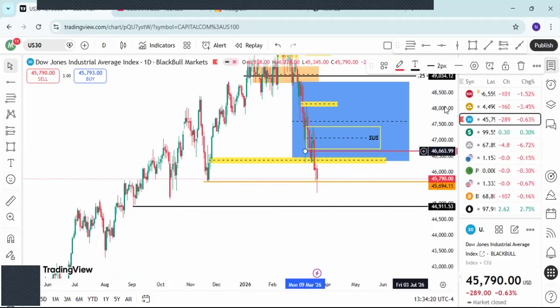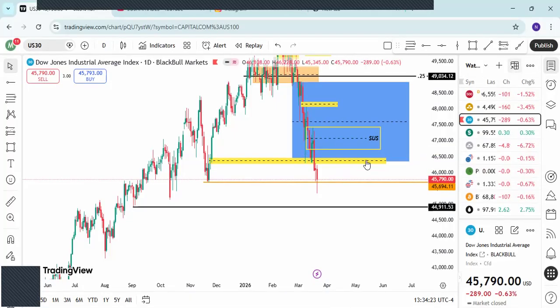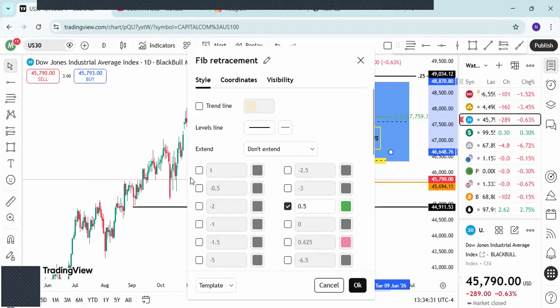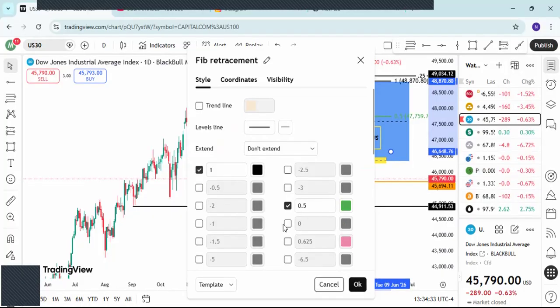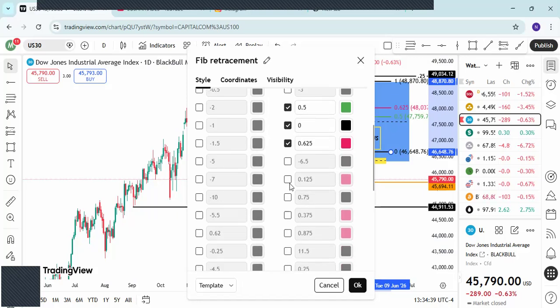Okay, let's remove this one. And then the thing you're going to do is put that there. Let me bring the fib back. So these are the fib settings. Do that, do that.